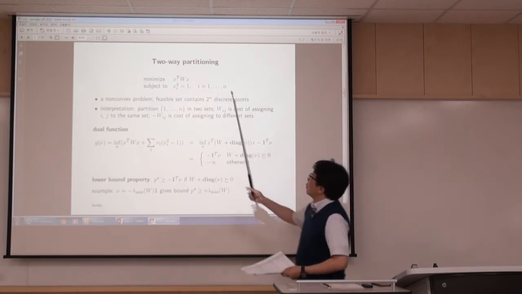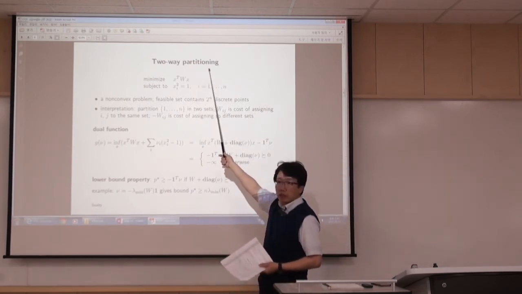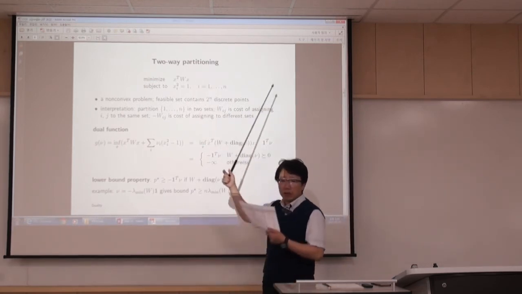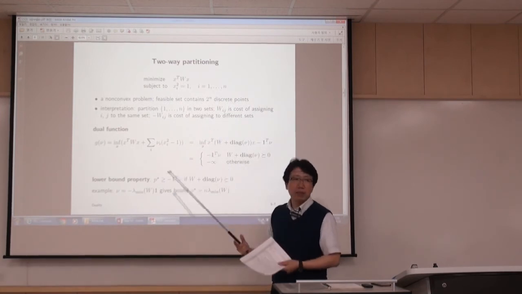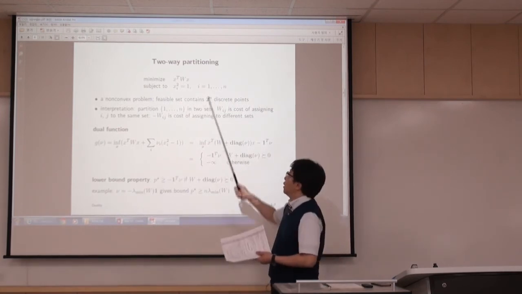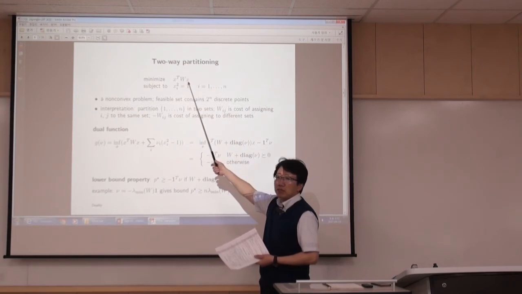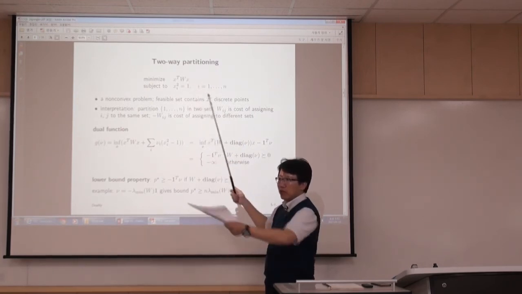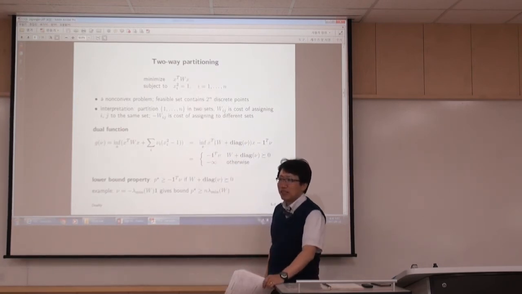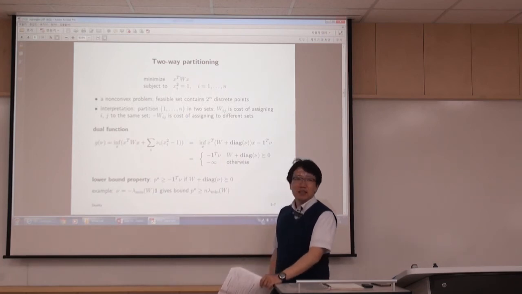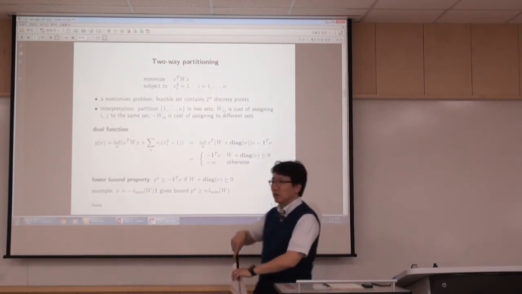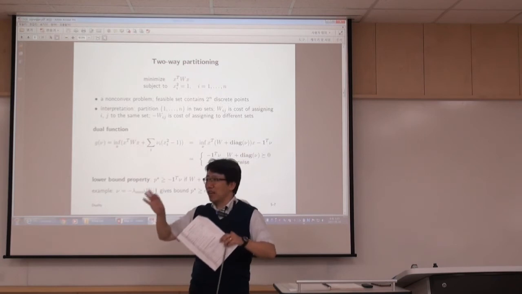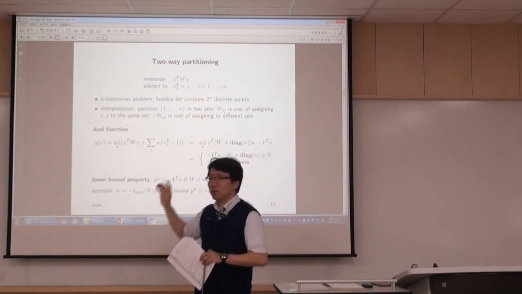This is called two-way partitioning because of one way of interpreting this problem. But we confront very similar problems in many cases, especially in signal design research. For example, if you take Professor Yang's signal design course, you will see something similar.